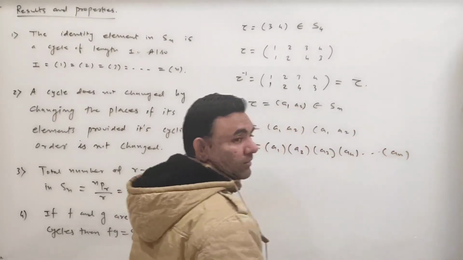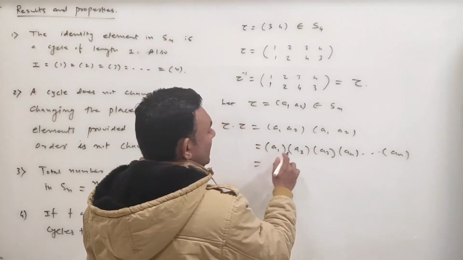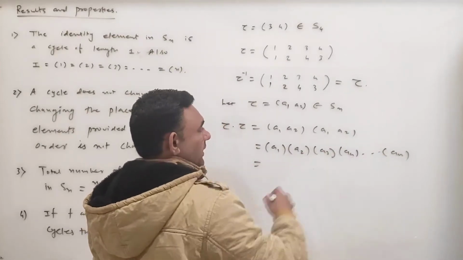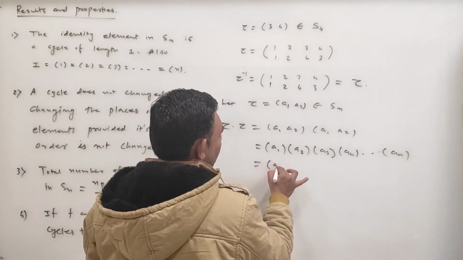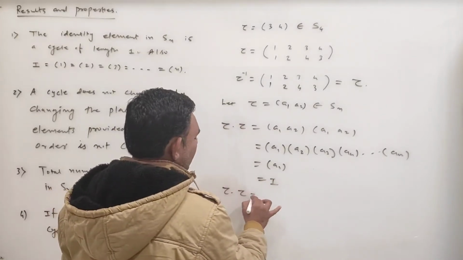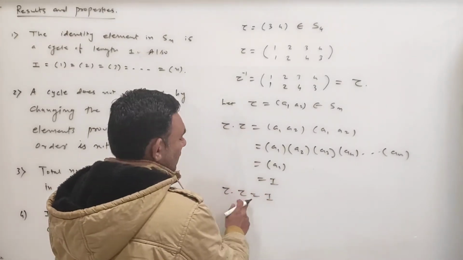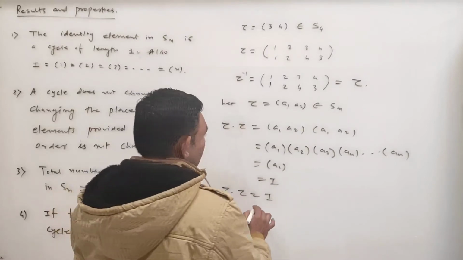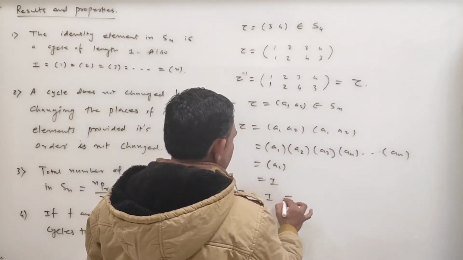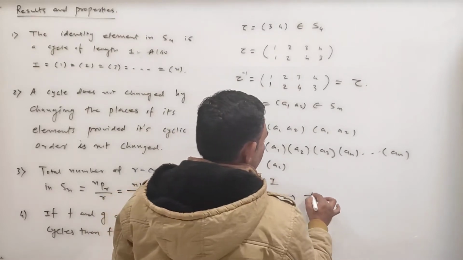Similarly, an. So this is identity. So no need to write n times identity. It is simply (a1), and this is identity. So what do I get? Tau into tau is identity. तो इन दोनों का प्रोडक्ट आइडेंटिटी है, and you can verify in this way also. So it means tau inverse is tau.